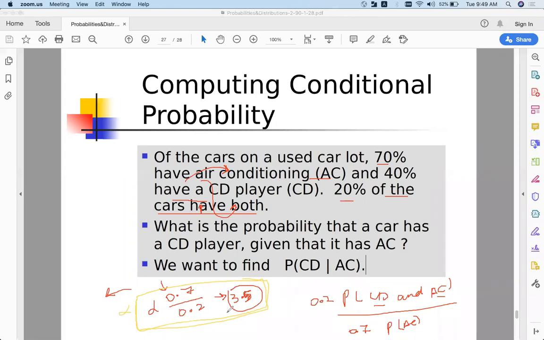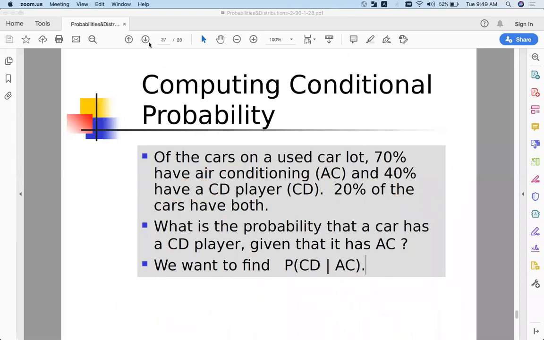Probability cannot be greater than 1 or less than 0, so that's how you can correct yourself. So you forget this part, and what you come back to is here. Okay, this is the correct part. Any questions or any doubt on this part, like how to compute the conditional probability?